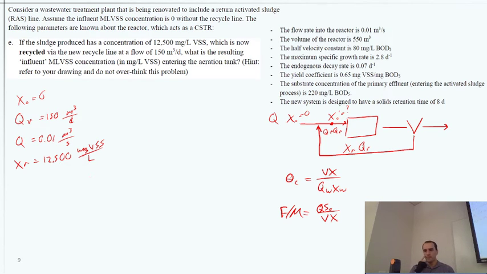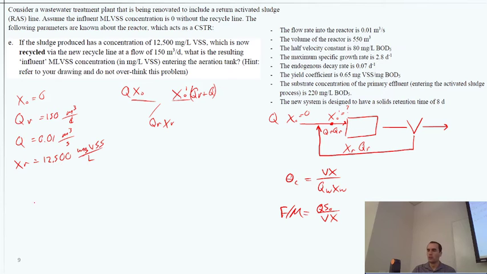So essentially we could look at it like this, where we have a q x naught, and here we have a q r, and an xr, and then x is in question here, and I'm going to call it x naught prime, and we also have a q total, which is qr plus q. Okay, so this is the type of mass balance we've been solving for forever. There's no needed reactions or anything in this because there's just two pipes mixing essentially.